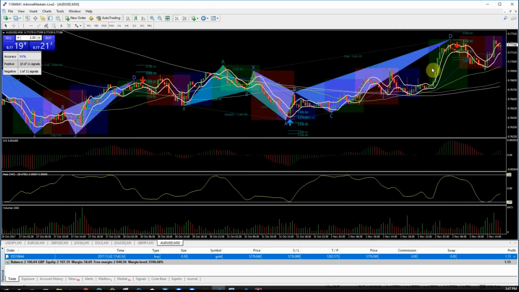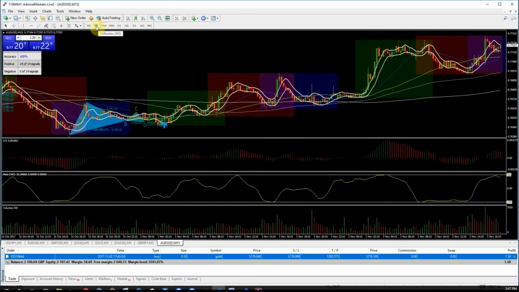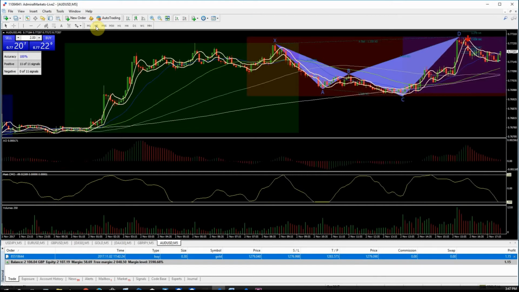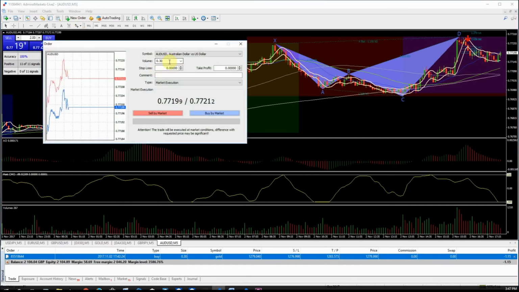On the 30-minute chart, again, potentially pushing up here. We might be missing out on this one. On the 15-minute chart, similar to the gold situation. And on the 5-minute chart here, I think it's worth a go with a small lot, so let's just go in with 0.25, bearing in mind that we've got the gold trade as well.